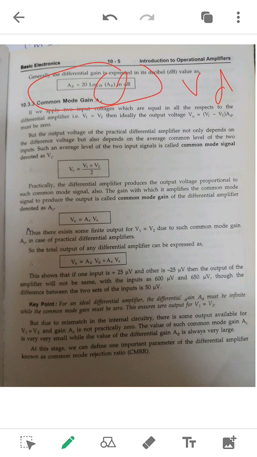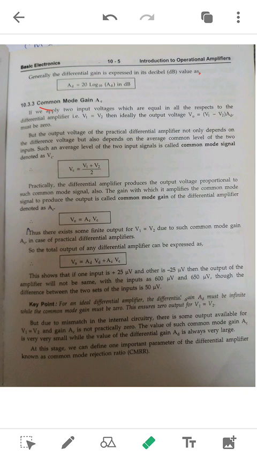So let us see one more parameter called the common mode gain, given by AC. Common mode gain applies when both the inputs V1 equal V2, then ideally the output voltage V0 equal to (V1 minus V2) AD must be 0.